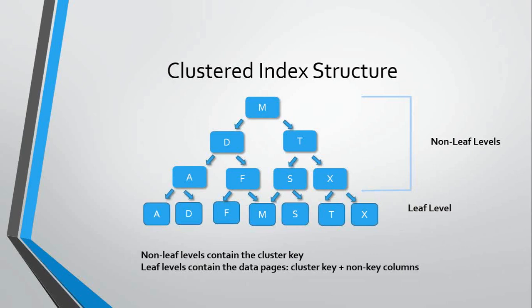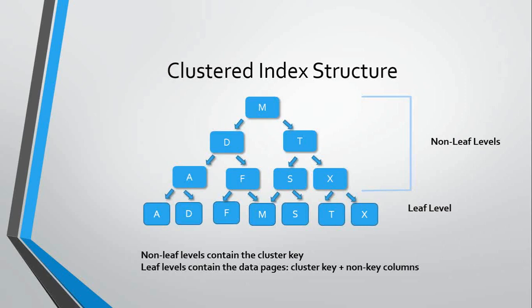The very bottom is called the leaf level, and everything above that is called the non-leaf level. It's kind of like an upside-down tree, and I've actually seen some presenters who reverse this and show the leaf levels on the top to make it more like a real physical tree that we might see.